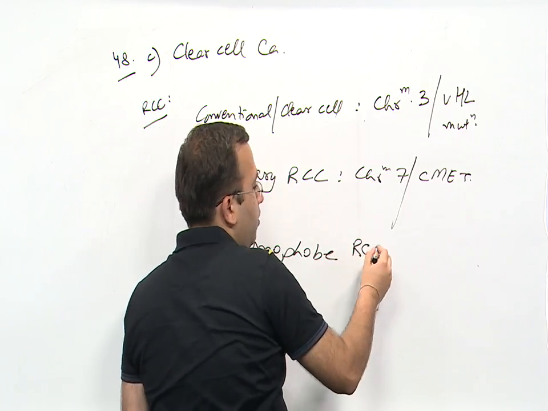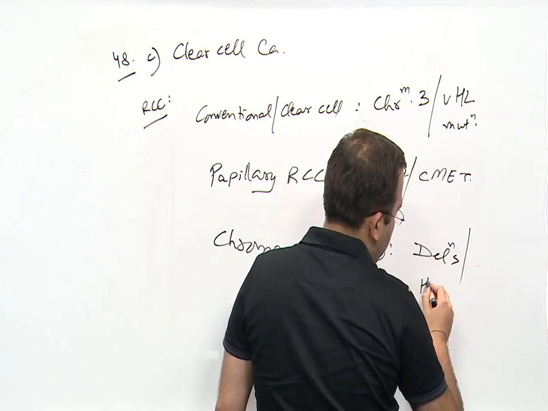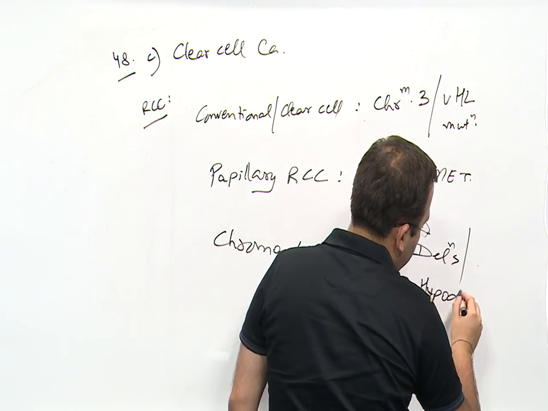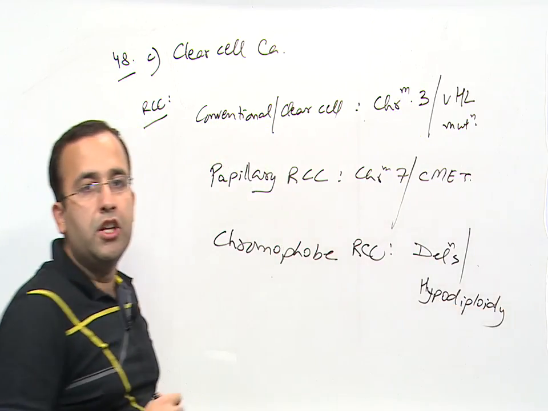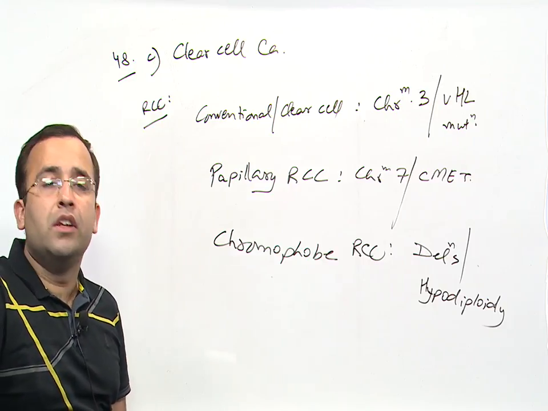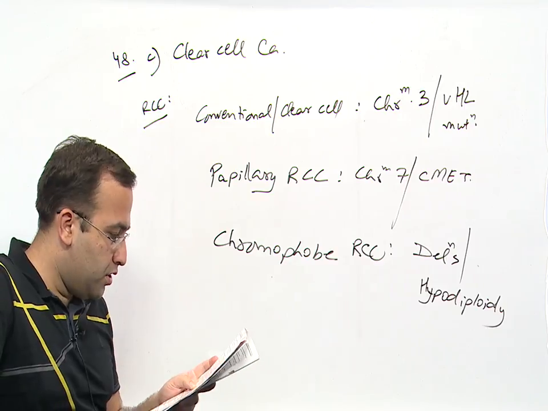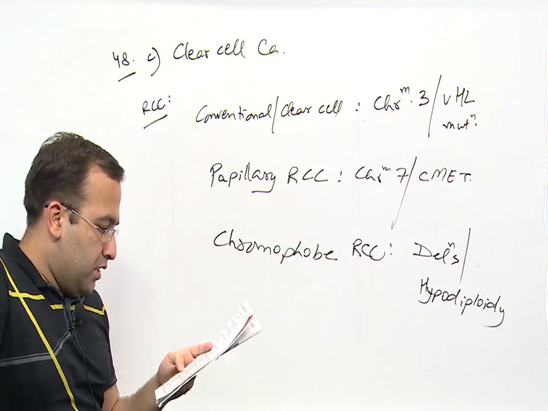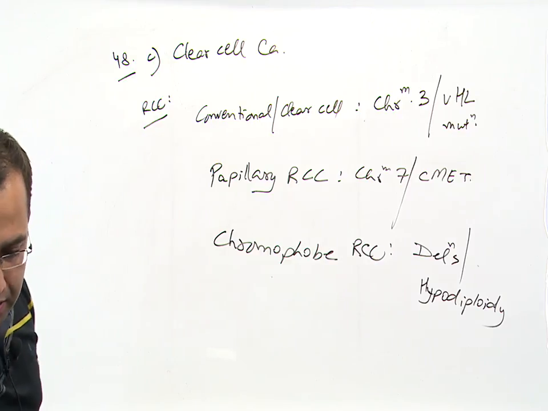It is phobic of the chromosomes, so associated with deletions or hypodiploidy. So these are the three main types of renal cell carcinomas. So easy question. Subtype of RCC with 3p deletion, clear cell RCC.